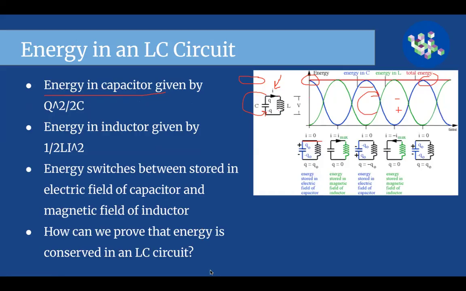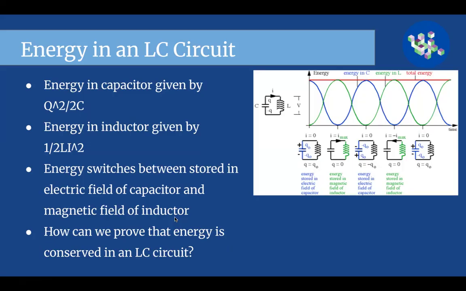One last thing is the energy in an LC circuit. The energy is given by Q squared over 2C for a capacitor. That's just something we know. For the inductor, it's 1/2 Li squared, if you remember from previous classes.